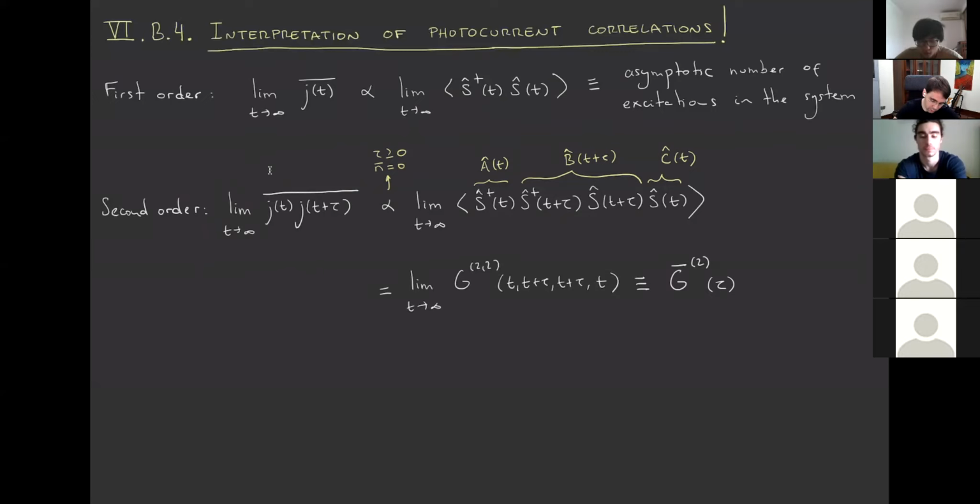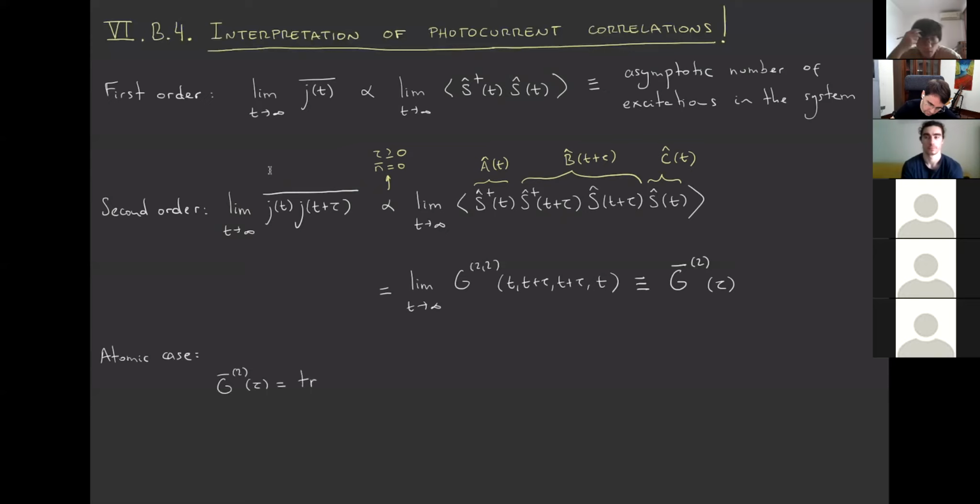And I am going to do it for the atomic case, because it's the easiest, but you can do something similar for the cavity and so on, and for a generic system. So in particular, let's concentrate now on this for the two-level system. So for the two-level atom. So what is this G2 function?